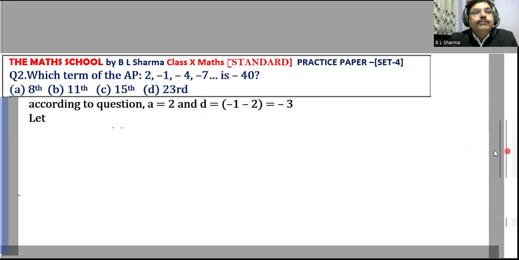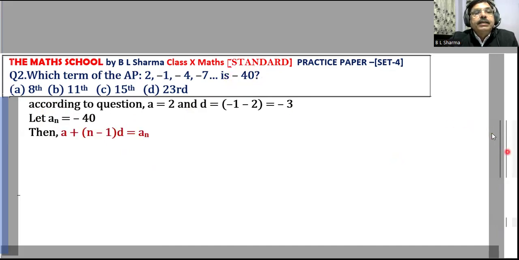So, now using the formula for the nth term, there are total n terms. The nth term means the term on the nth place, that is minus 40. मान लीजिए, सपोज करिए इसमें n terms हैं and the nth term is minus 40, it is given.